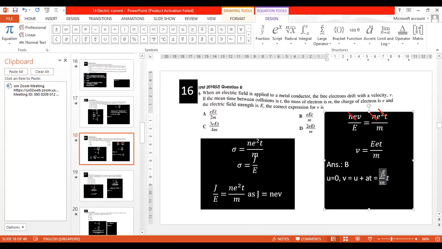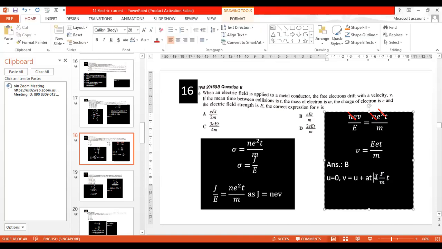Right? F is your force. This one is simpler. That's all. Use your u equals to 0, your a equals to F over m.